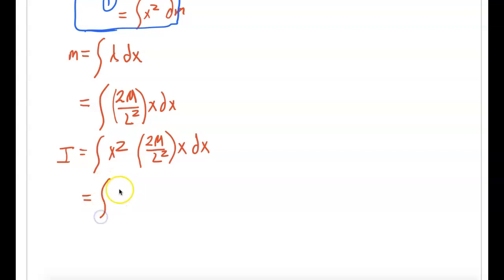So this is the integral of 2M over L squared, multiplied times, notice x squared times x is going to give me x cubed, dx. And now we're going to turn this into a definite integral, which means I'm going to go from one end to the other end of this object.